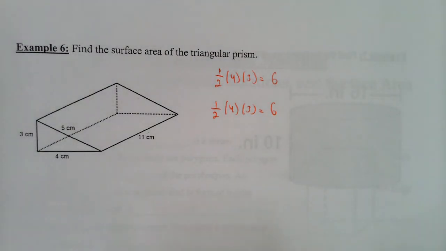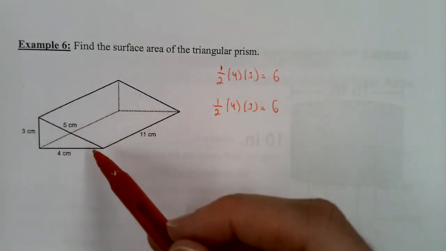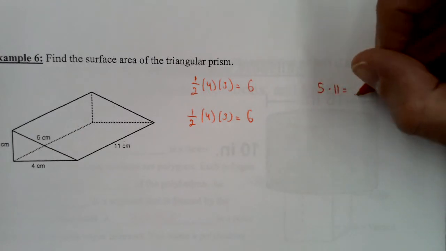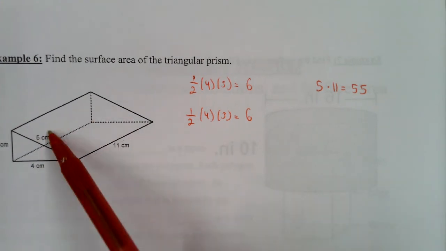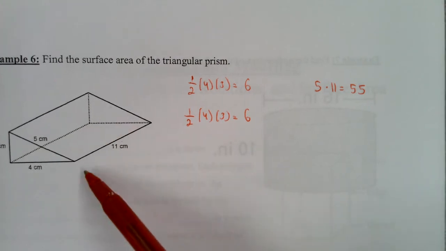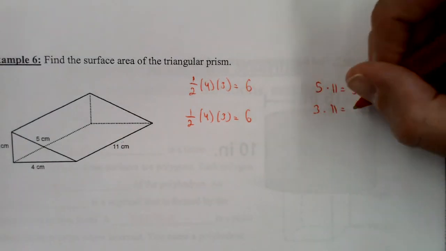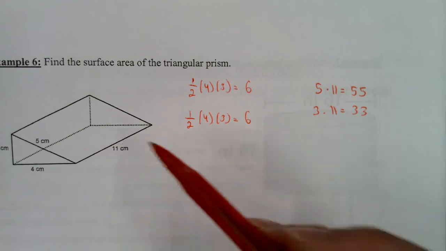Now let's do the face, the one like this diagonal one. It's a rectangle, so base times height. 5 times 11 is 55. Now let's do the face in the back. That's 3 by 11. Okay, so 3 times 11 is 33. And we have one more face. The one on the bottom is 4 by 11.